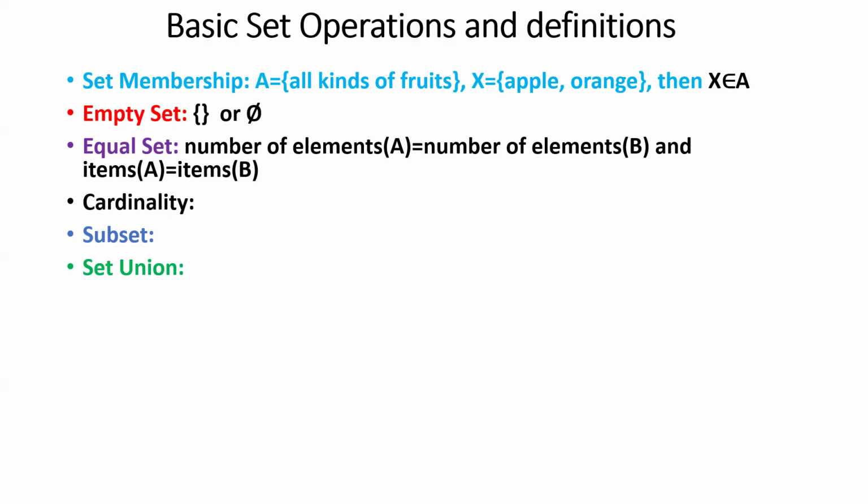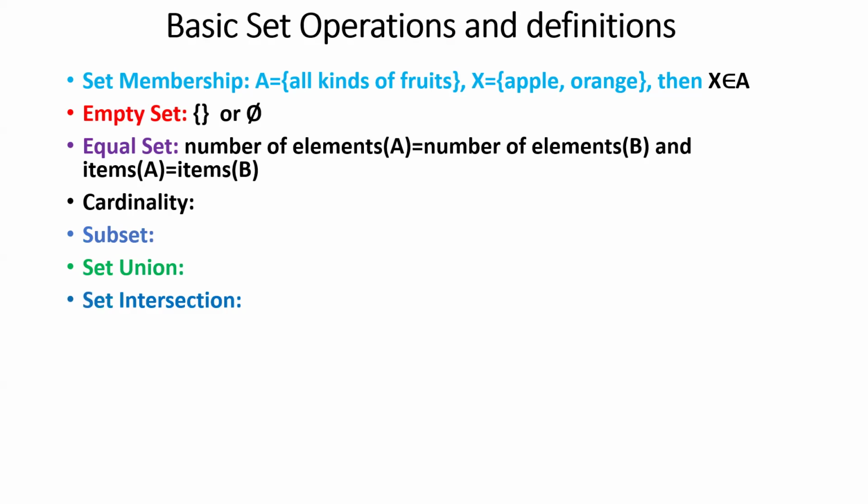Set union. The set of all the elements which can be found in set A and set B, or both, the elements in A and B altogether, is referred to as the set union.